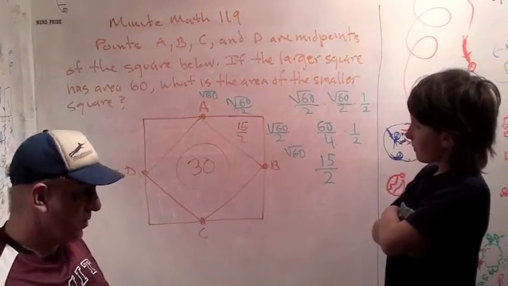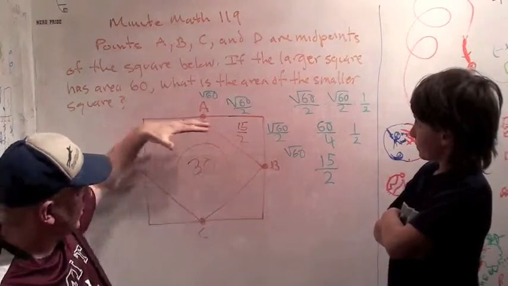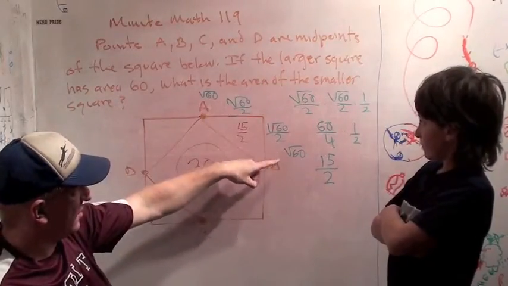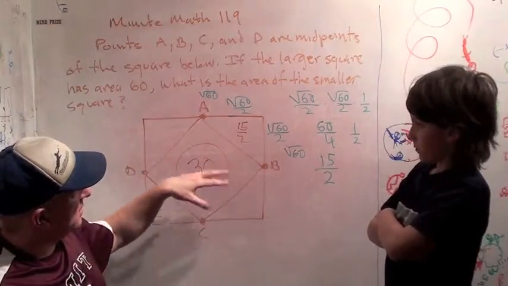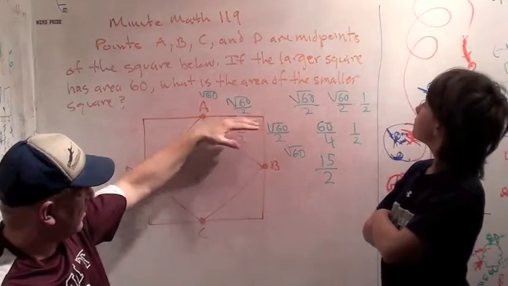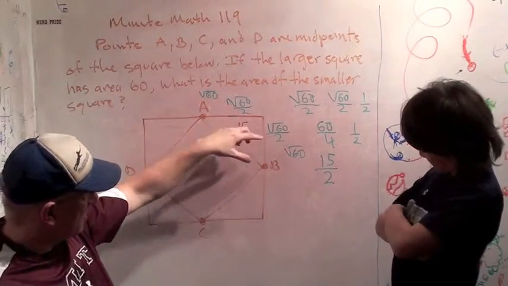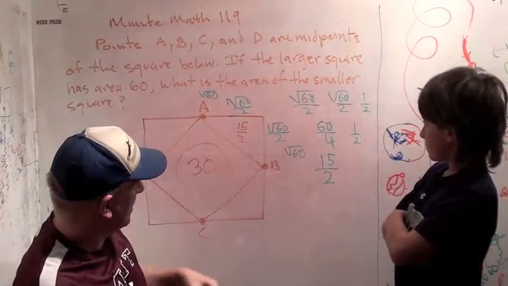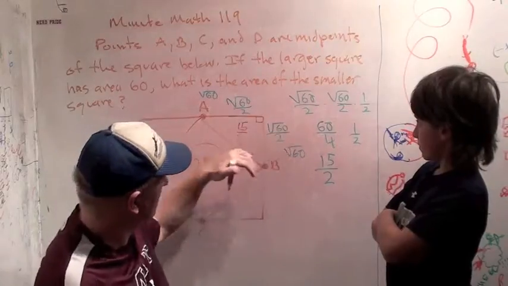So let's review what you did. You took the fact that the area of the big square was 60, and you said, okay, fine, each side is the square root of 60. Then you said the triangles then have sides, it's the square root of 60 over 2. The area of these triangles is 1/2 base times height, and luckily since they're squares, it's base times height times 1/2.